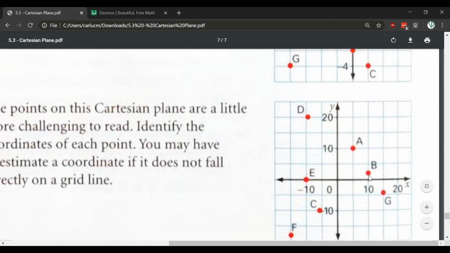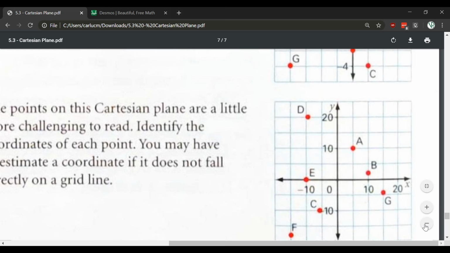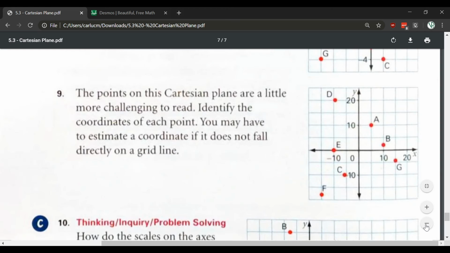So instead of 5, it might even be at 4. So you have to estimate a little bit. Another example would be C here. It's at the 10 on the y-axis, but the x value, the first value, is a little bit past 5. It might be at 6. So we have to estimate in some cases as well, depending on the scale of the graph that we're working with.